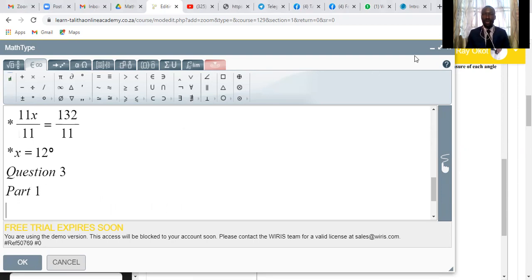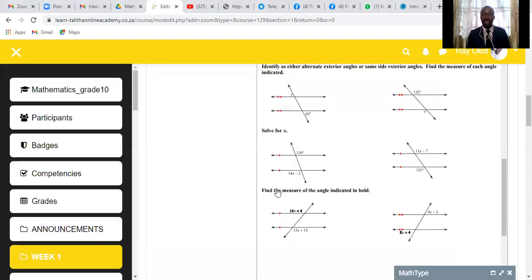Now in question 3, part 1, what we are supposed to do is to find the measure of the angle indicated in bold. Well, what we are supposed to do is to find the value of 4x plus 4. That then means we must first find the value of x. And how do we find the value of x?